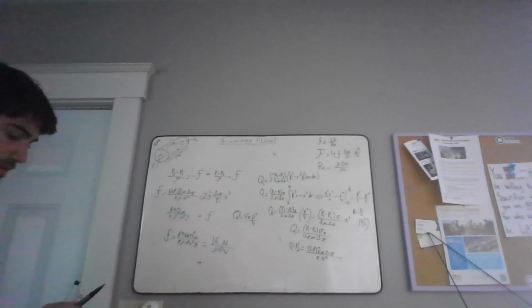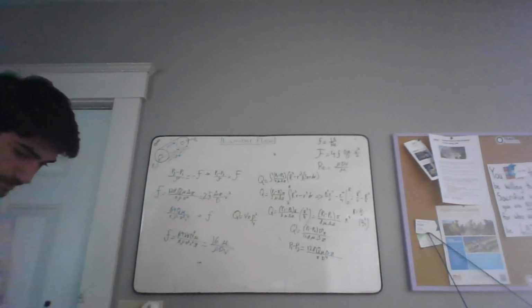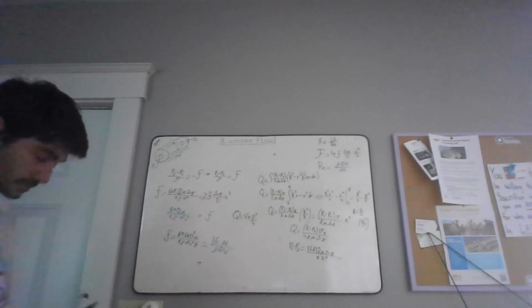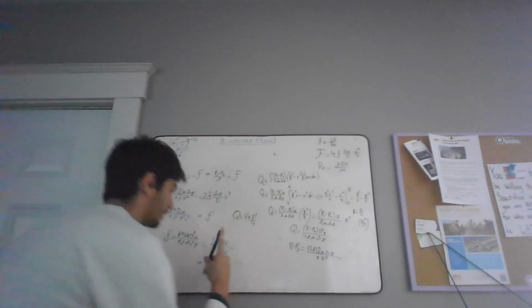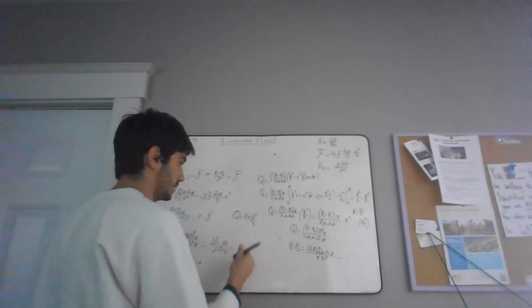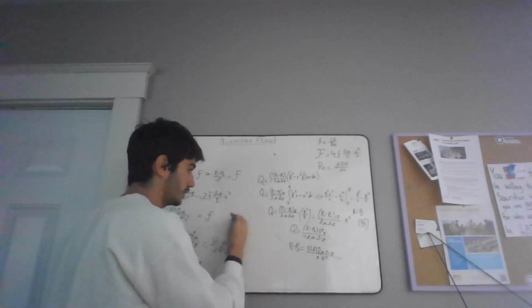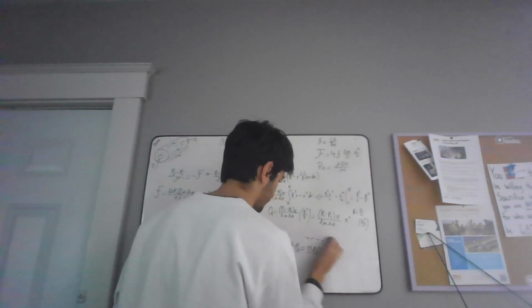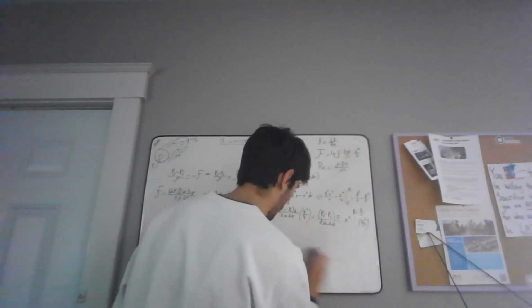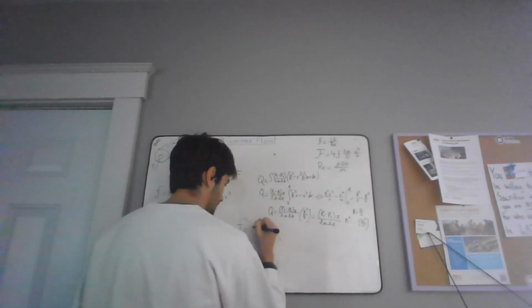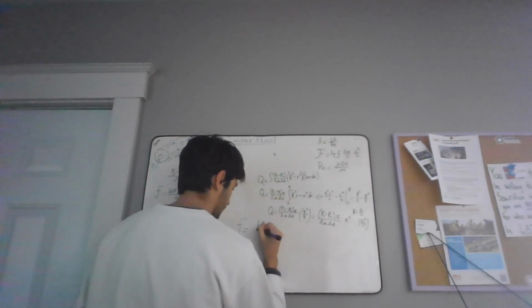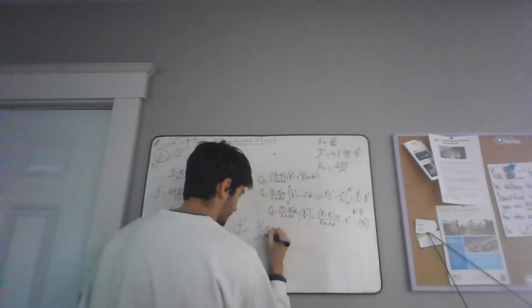As you can see, our Fanning friction coefficient is equal to 16 mu over rho dV.